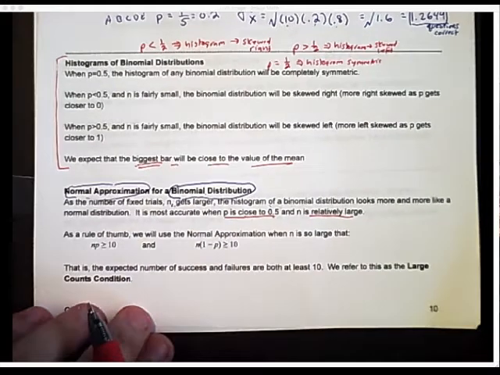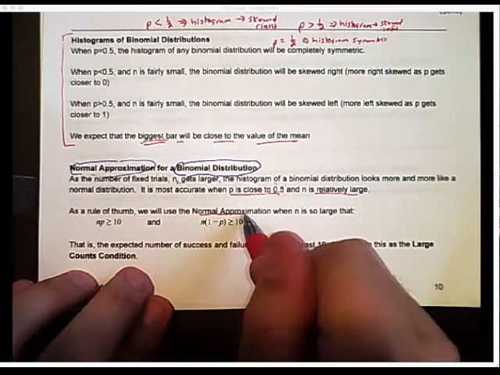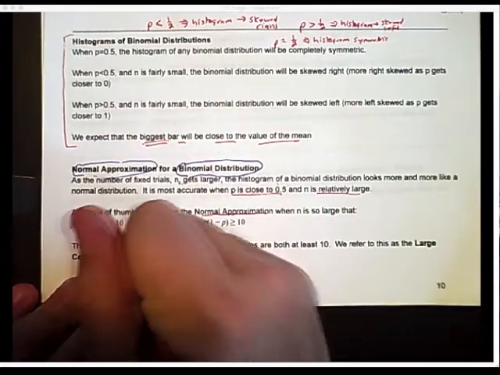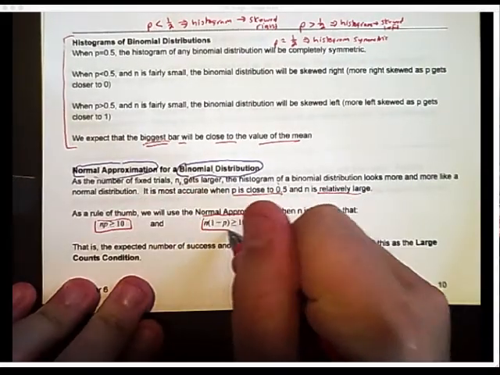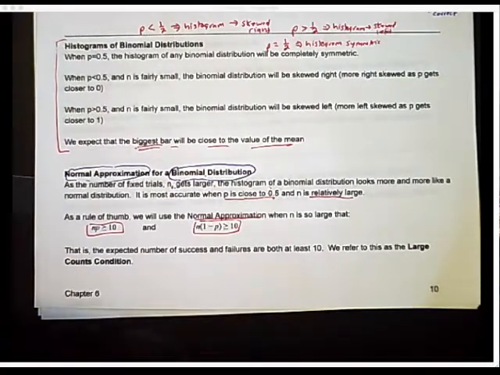All right, so we can actually use this normal approximation if this is true and if this is true. All right, so as long as those criteria are met, we can use normal calculations instead of binomial if we would like to. All right. And that's what's called the large counts condition.